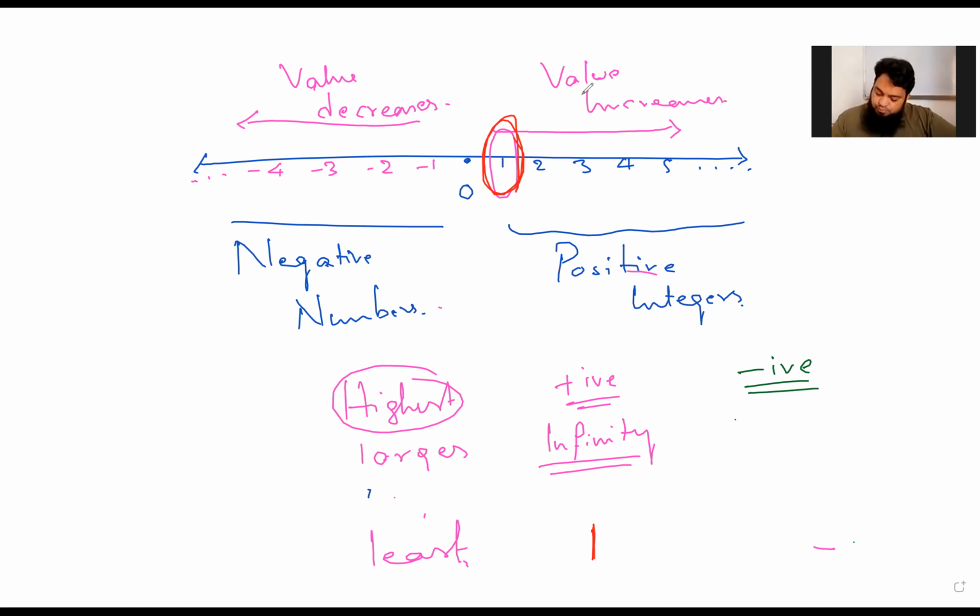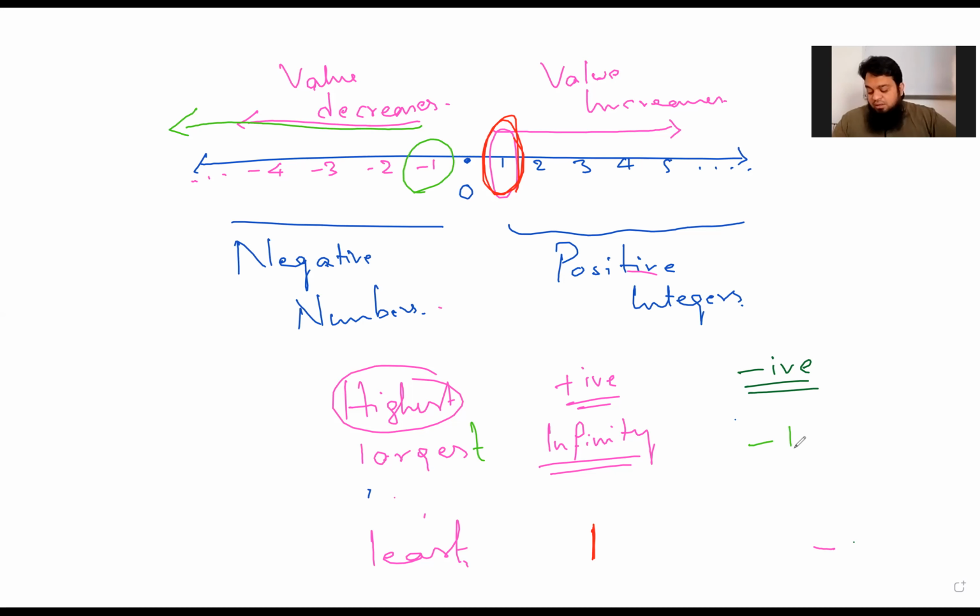So now tell me, what is the largest negative number? See, what did I tell you? If you move to the left of 0, the value decreases, right? So what is the largest negative integer? The largest negative integer is -1.